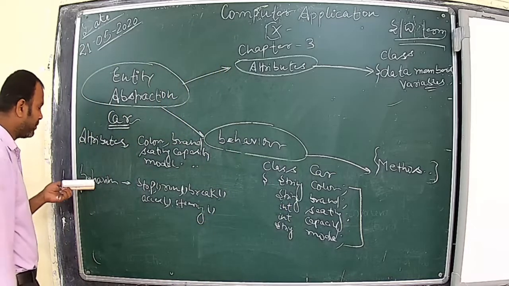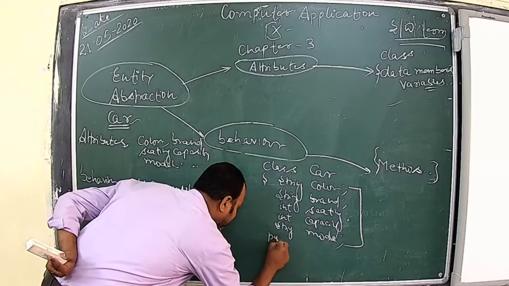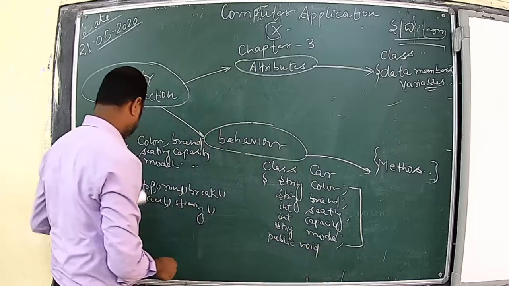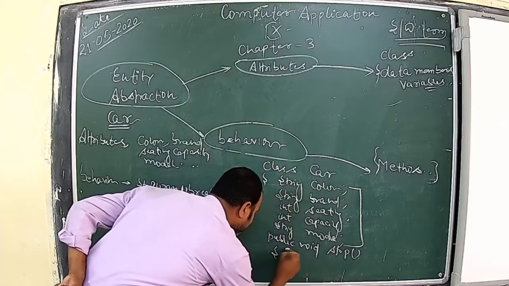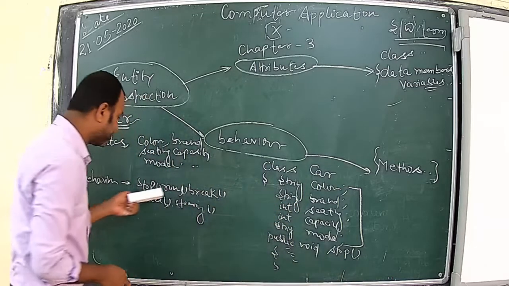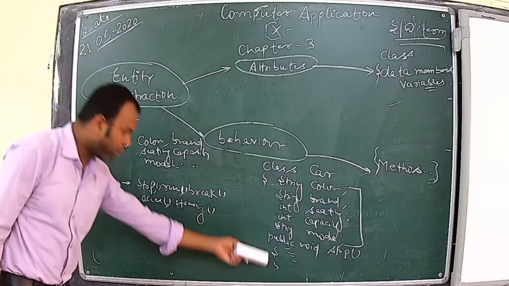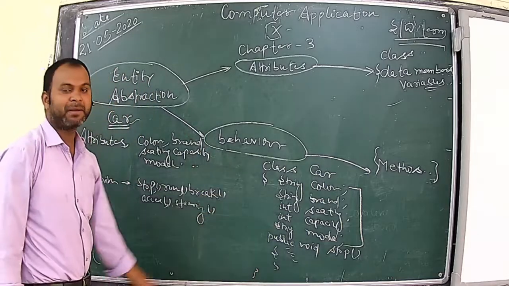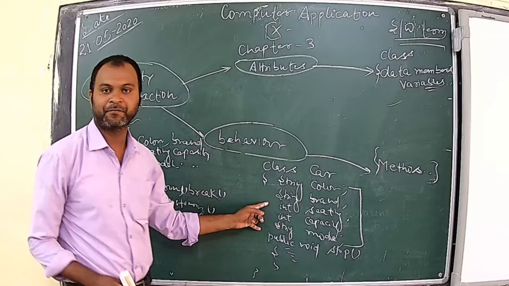Now, if I talk about behavior, I will add public void stop. This is the first method. Like that, I can write down all the functions that we have written here. All the functions would be implemented. So at last, we have implemented this class into software terms using a class in Java.